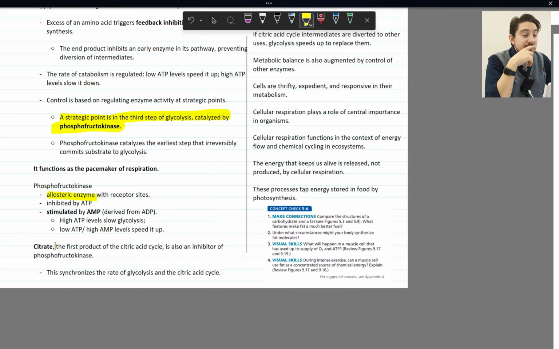Citrate, the first product of the citric acid cycle, can also act as an inhibitor alongside this phosphofructokinase. So this synchrony between the levels of ATP and the cellular respiration pathway is regulated by these molecules, these enzymes: citrate and this kinase here.